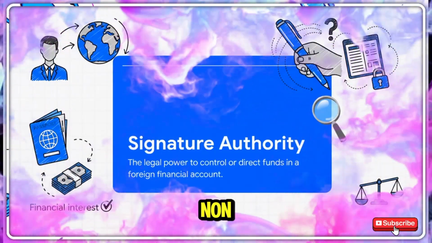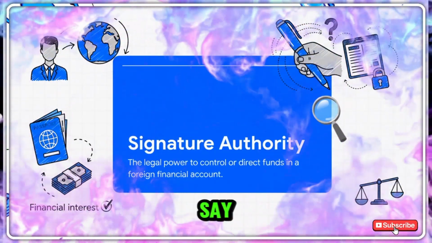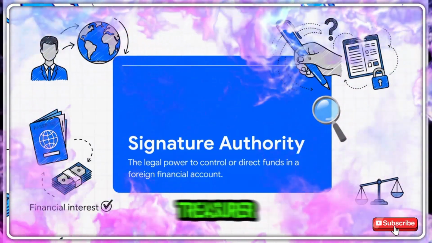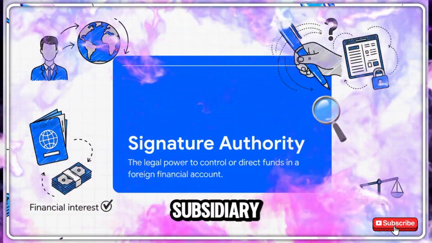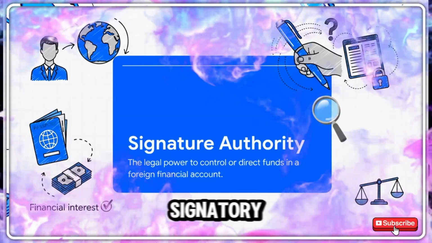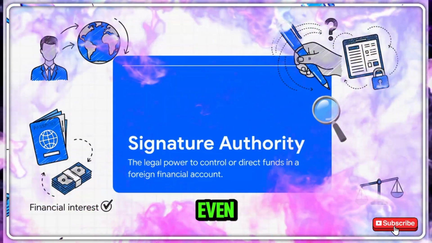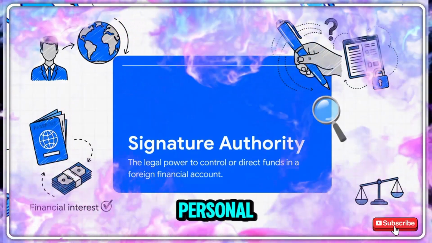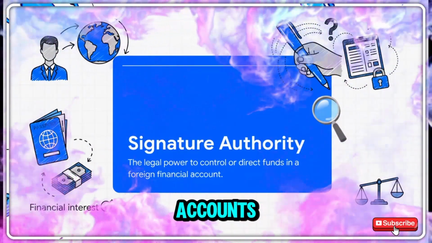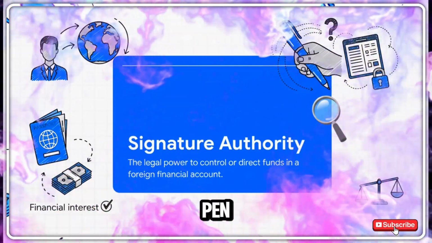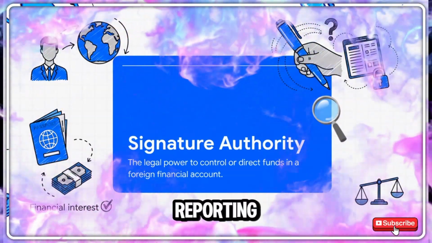Consider a really non-obvious example here. Let's say an individual is acting as a corporate treasurer for an overseas subsidiary, or maybe an adult child is given signatory power over an elderly parent's foreign bank account. Even if there is absolutely zero personal wealth of yours involved in those accounts, simply holding that legal pen instantly catches you in the reporting net.